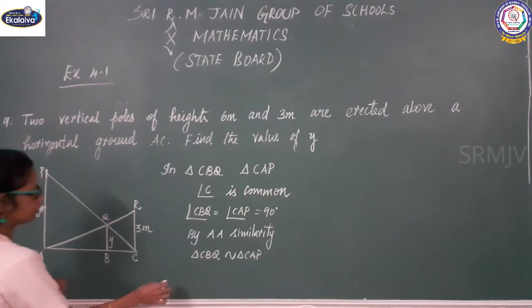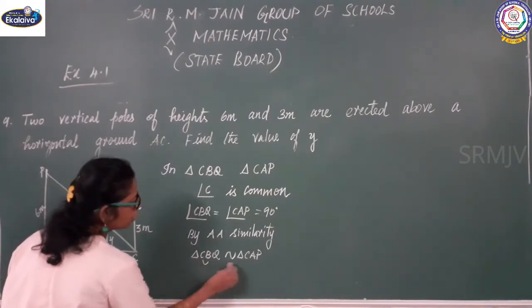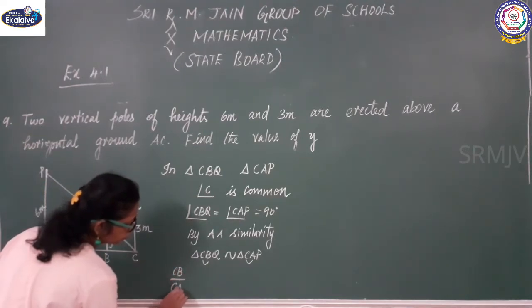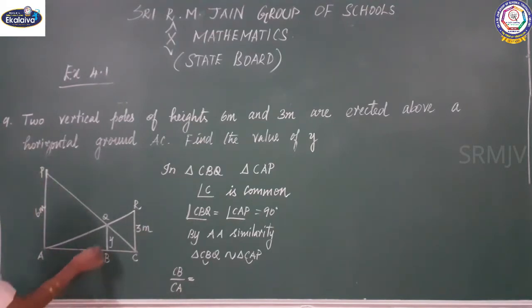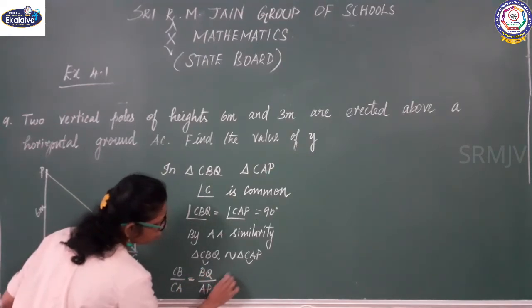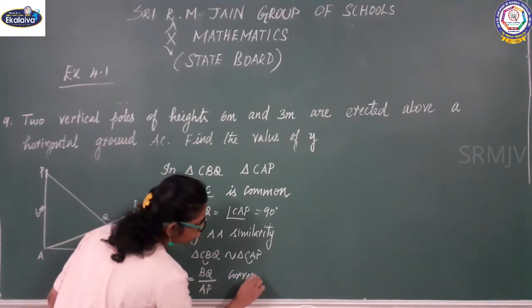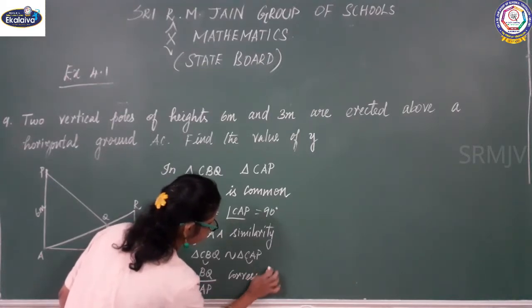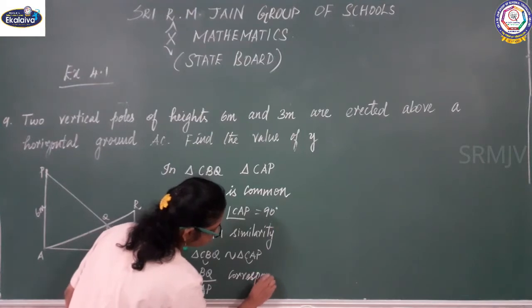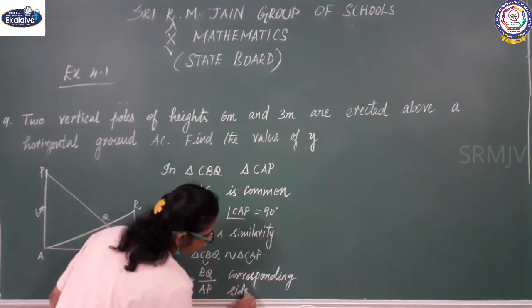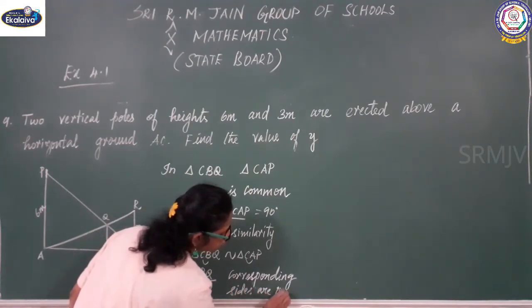How to say corresponding sides are proportional? You see, CB divided by CA equal to BQ divided by AP. Corresponding sides are proportional.